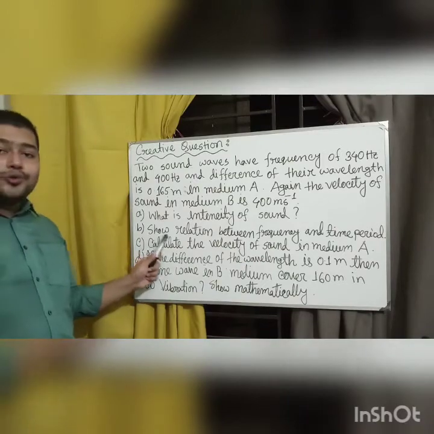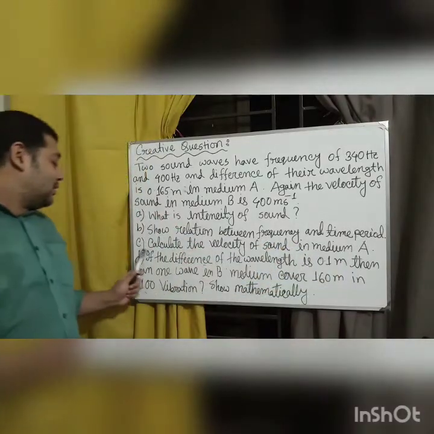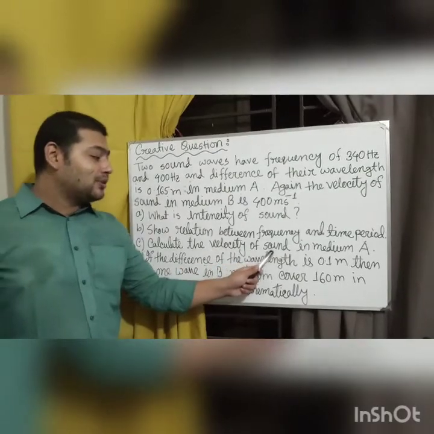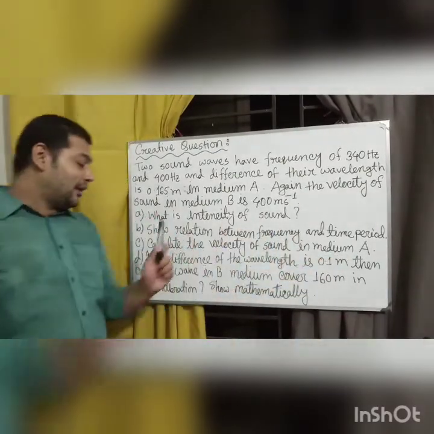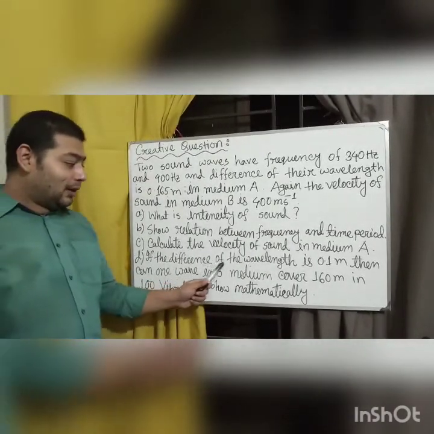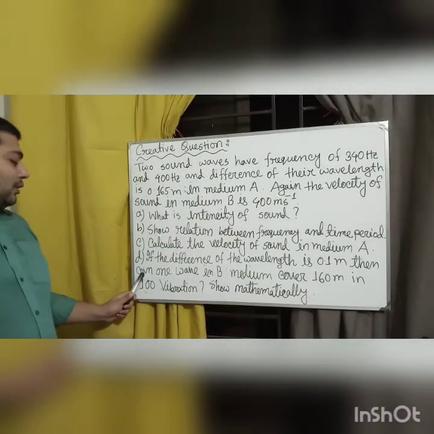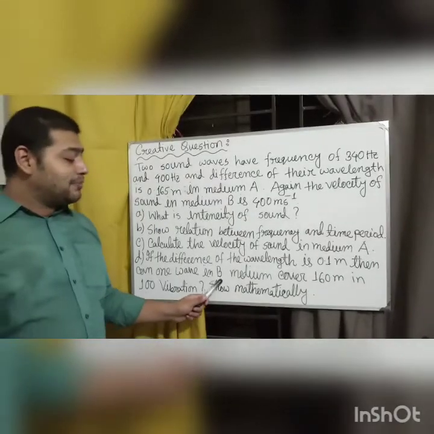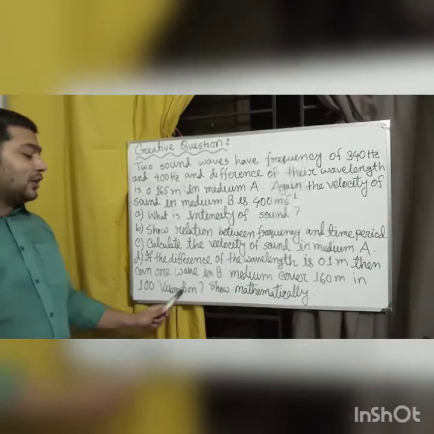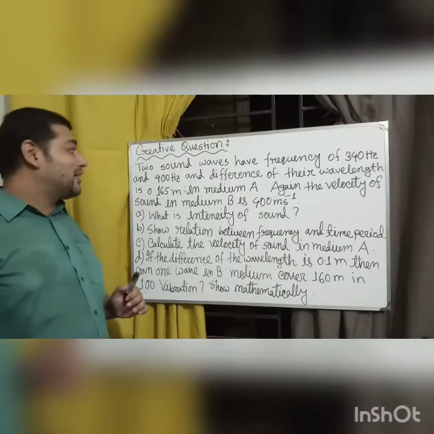Question B: show relation between frequency and time period. Question C: calculate the velocity of sound in medium A. And the last one, question D: if the difference of the wavelength is 0.1 meter, then can one wave in B medium cover 160 meter in 100 vibration? Show mathematically. So this is a full set creative question.